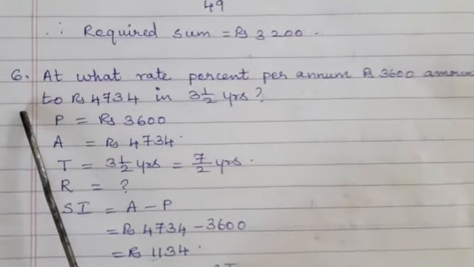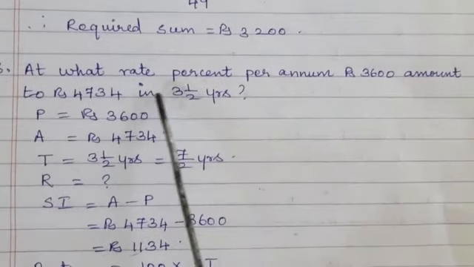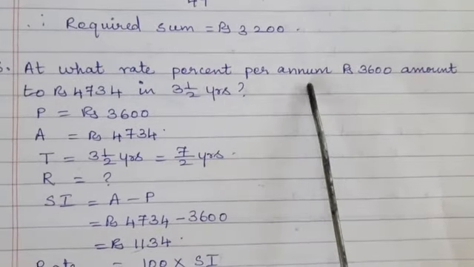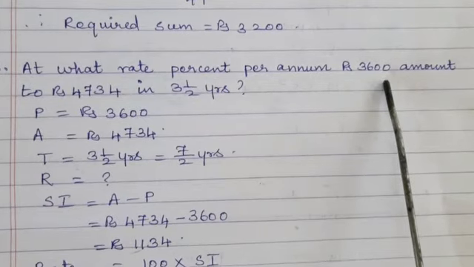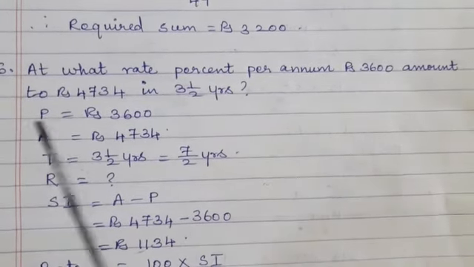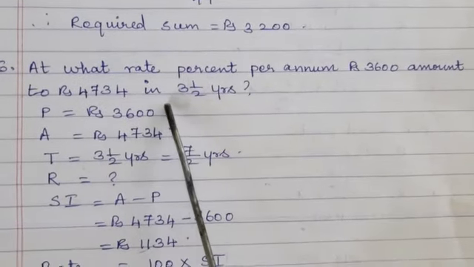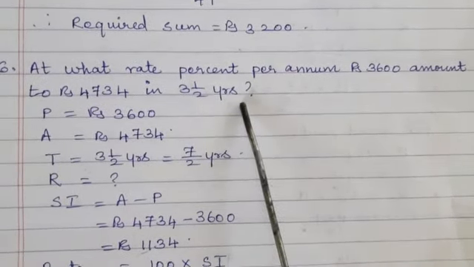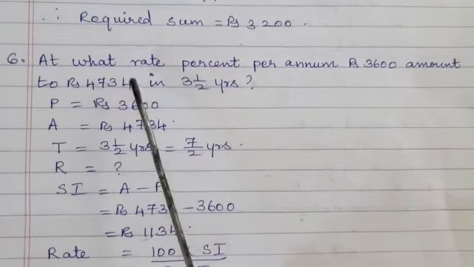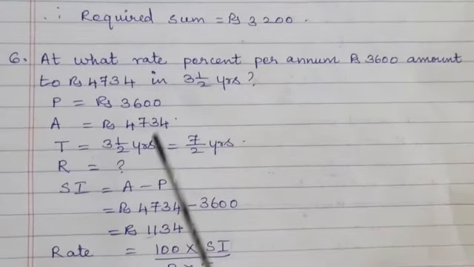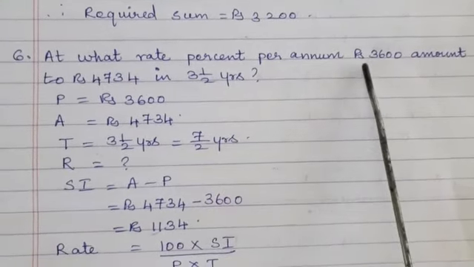Question number 6. At what rate percent per annum rupees 3,600 amount to rupees 4,734 in 3.5 years? What is given in the question? Now we are going to calculate rate percent, then per annum.